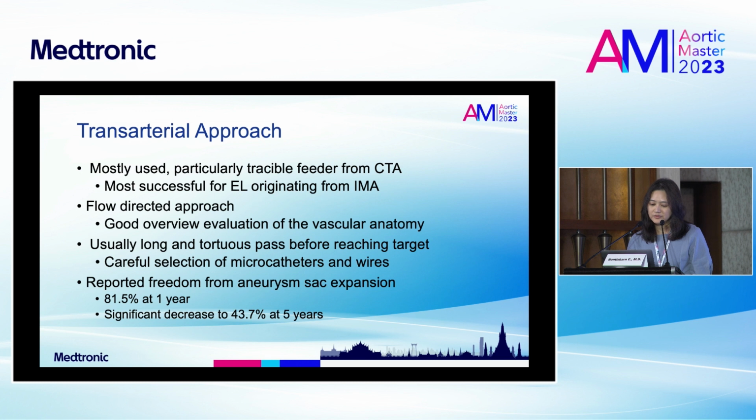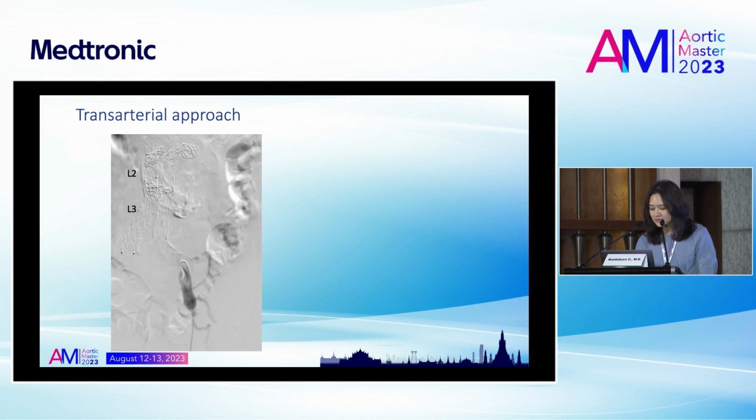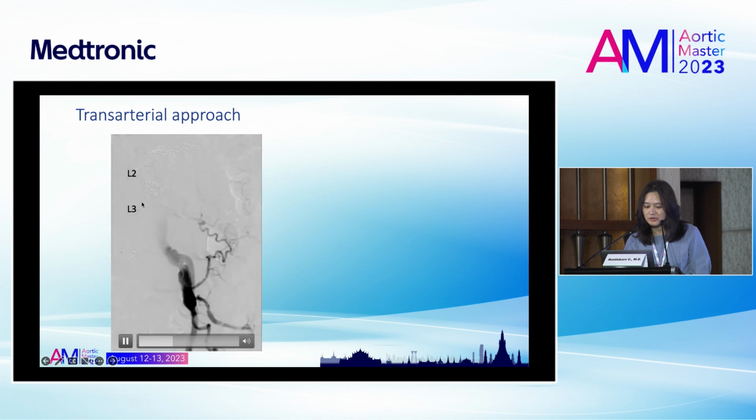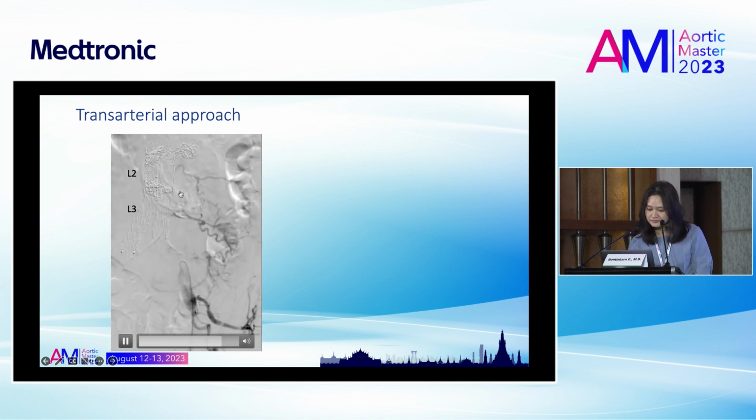The reported freedom from aneurysm sac expansion is as high as 81.5% at 1 year, but decreases rapidly within 5 years. This is the case example. It's a type 2 endoleak at the L2 and L3 level from the iliolumbar arteries that anastomose with the lumbar arteries.